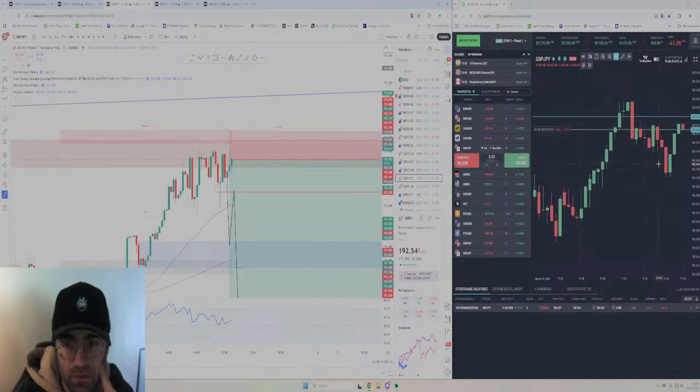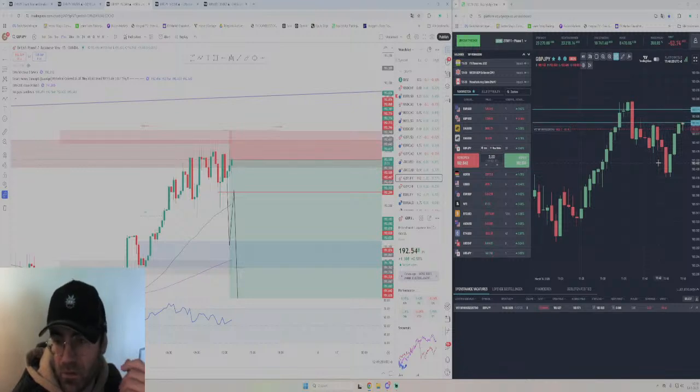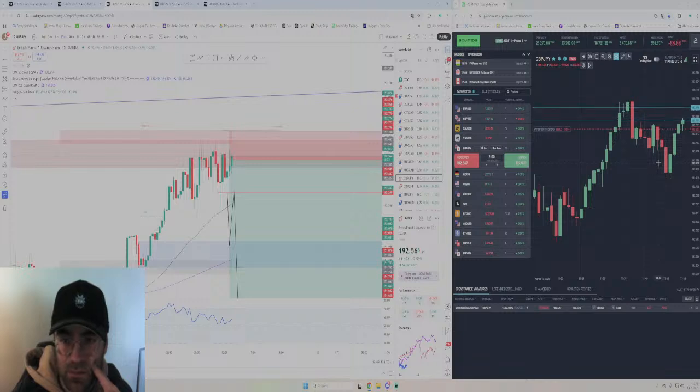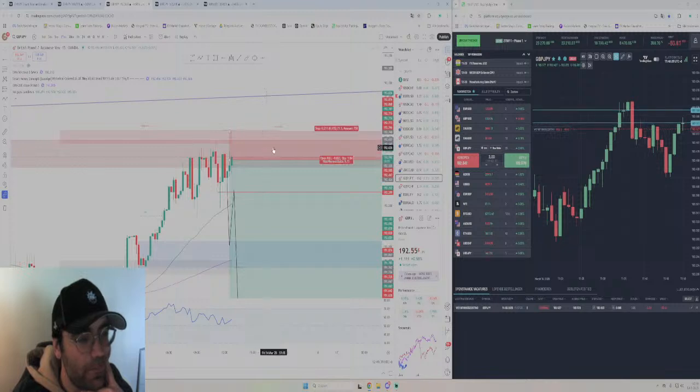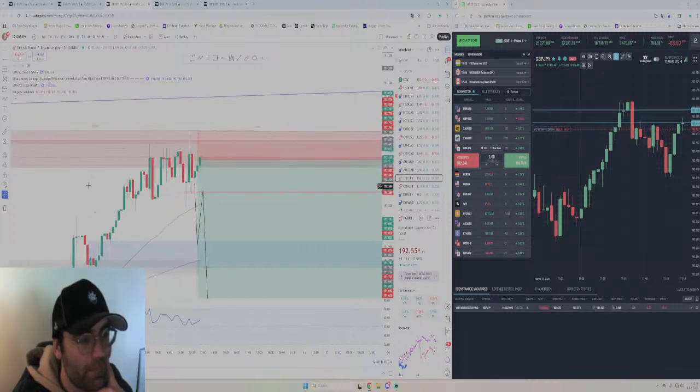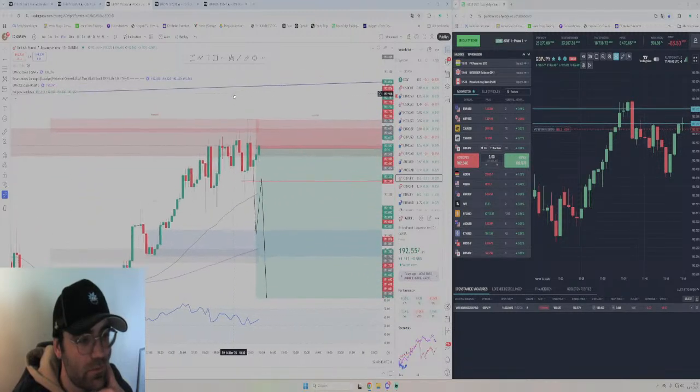It's annoying because most of the time it's creating a wick on the bigger candles, and you're super hyped, like, yeah, it's going my direction. No, it's just creating a wick. And now it's testing the top.